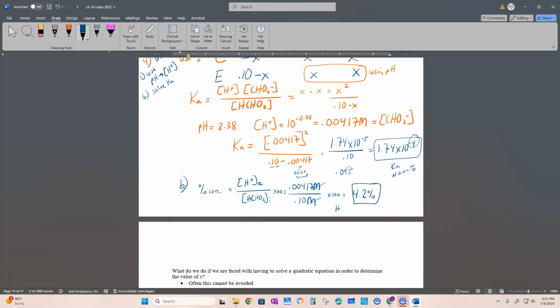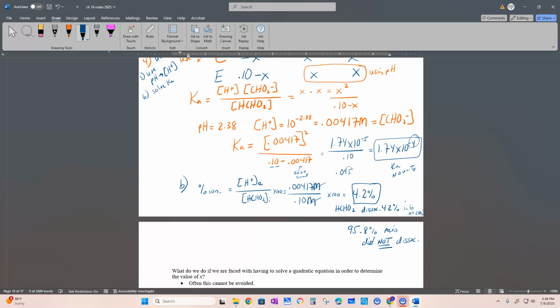So this acid that hit water dissociated 4.2% into that H plus and CHO minus. That means 95.8% of the acid did not dissociate.